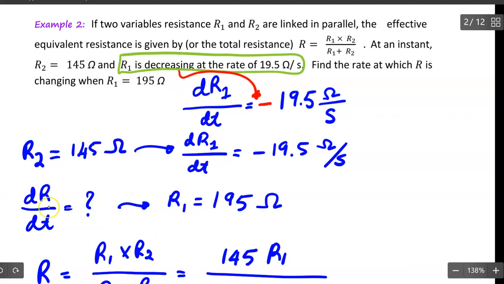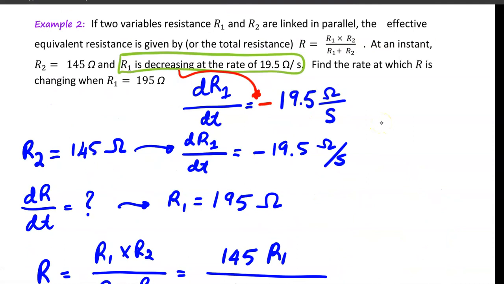Reading this sentence, you realize that this R1 is changing and it affects the other variables here. That means R2 is fixed. This unit will identify the differential of R1 as a function of time, and because of decreasing, we have to apply the negative value.